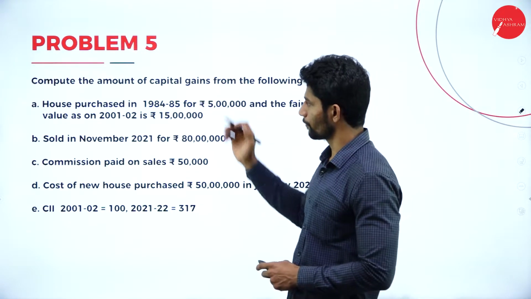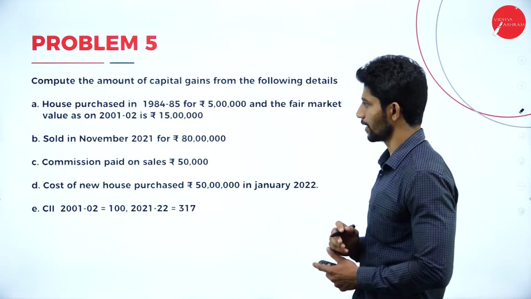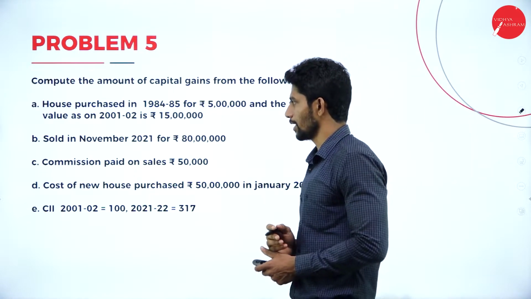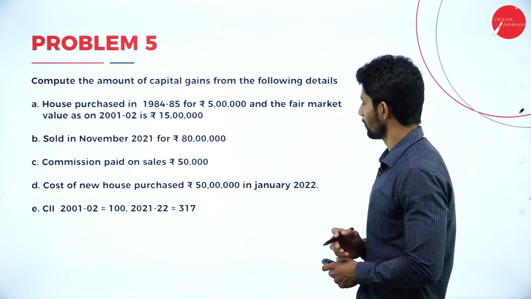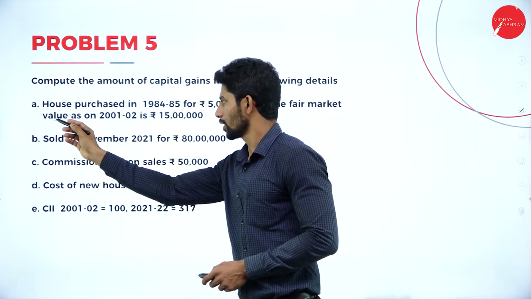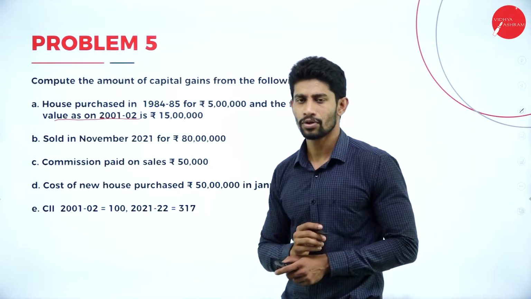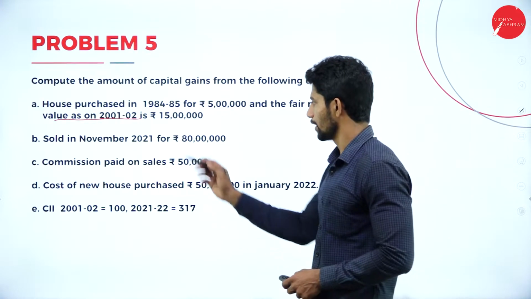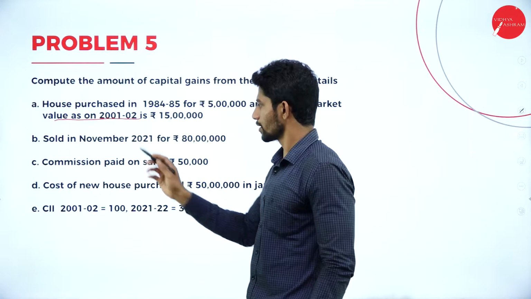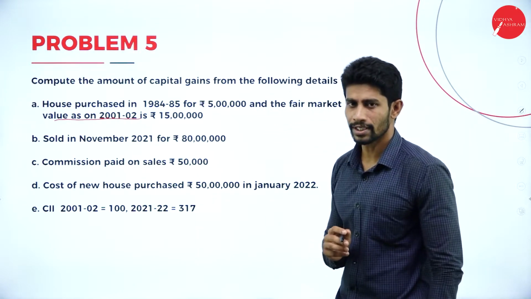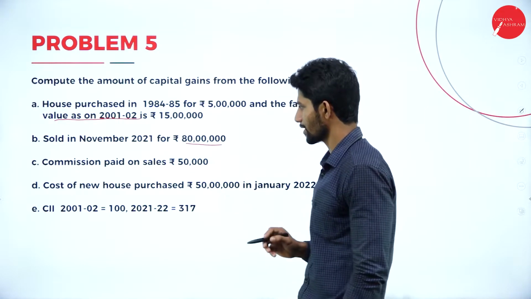So problem number 5, compute the amount of capital gains from the following details. House purchased in 1984-85 for rupees 5 lakhs and the fair market value on 2001-2002 is rupees 15 lakhs, and sold in November 2021 for rupees 80 lakhs.